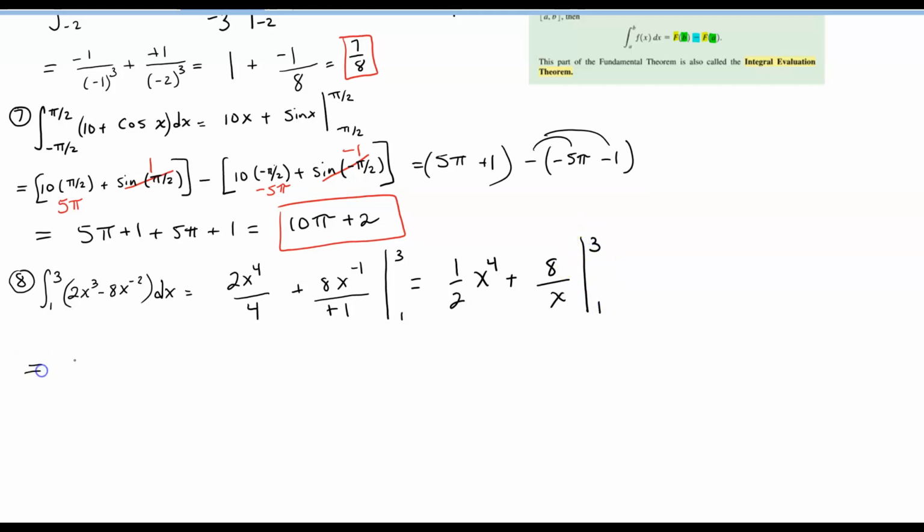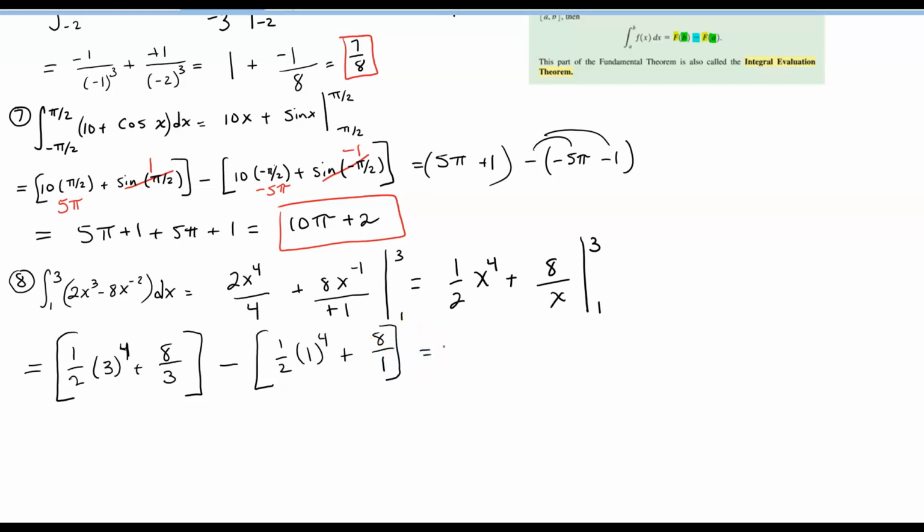So let's see what that looks like here. We have 1/2 of, I like to use square brackets here, 1/2 of 3 to the 4th power plus 8 over 3. Minus, and I have 1/2 of 1 to the 4th power plus, in this case, 8 over 1, which is just 8. All right, nothing to it there.